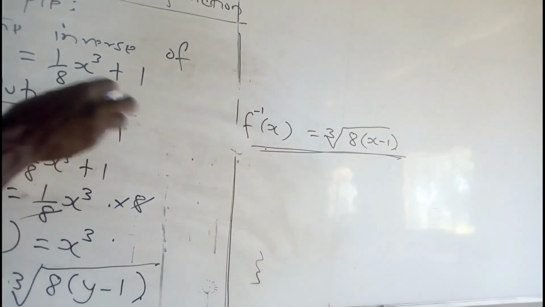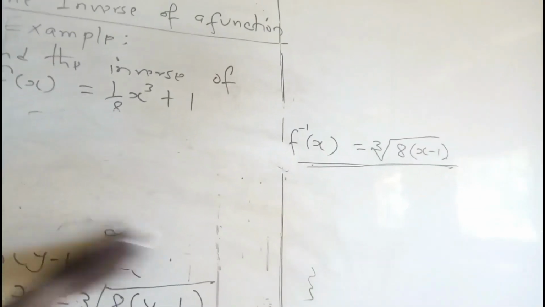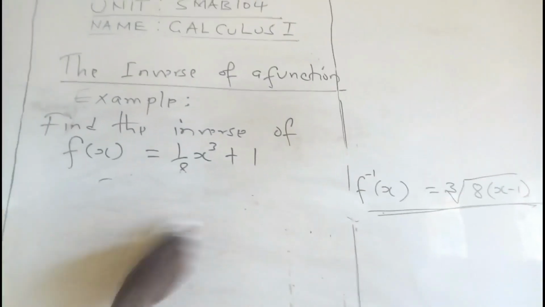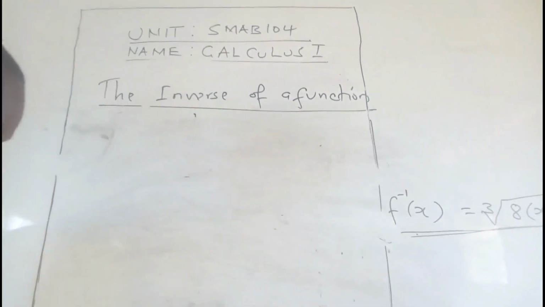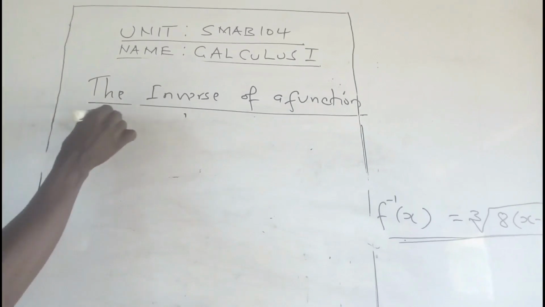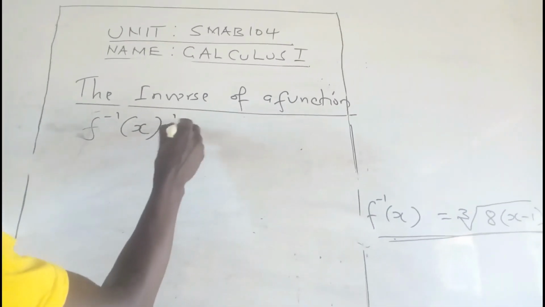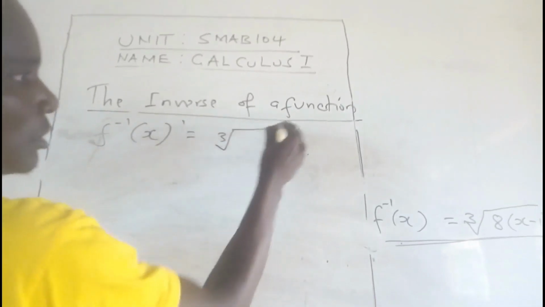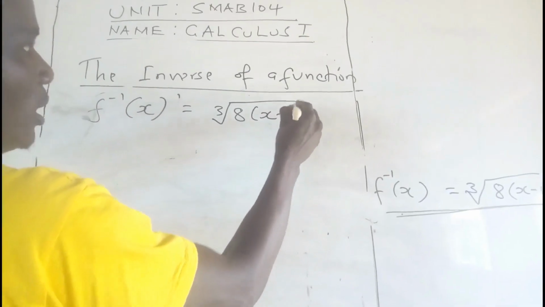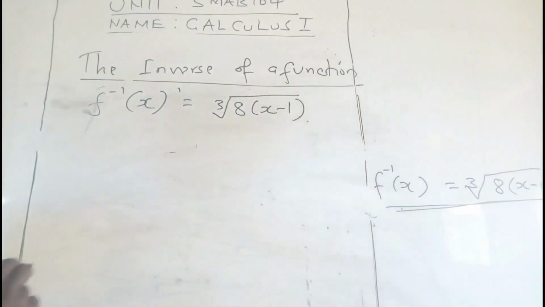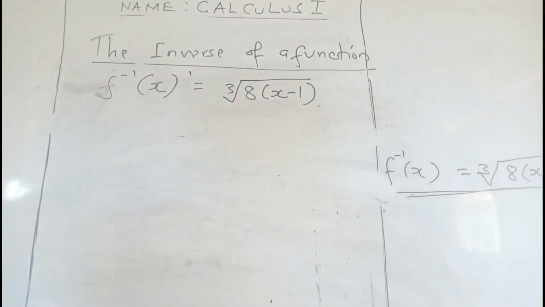We can even go ahead and use our inverse to find the domain. So our inverse is the cube root of 8 of x minus 1. Okay, so that is our inverse.